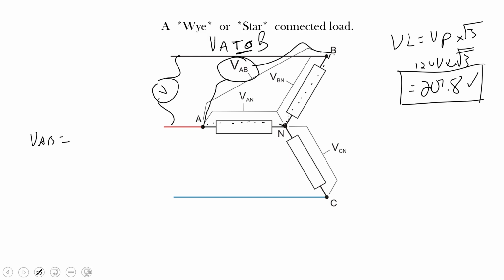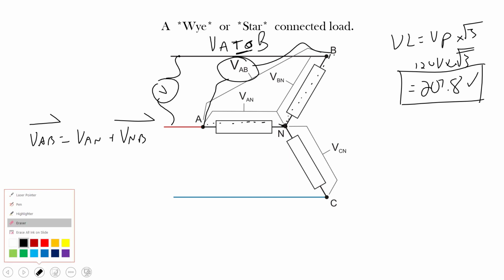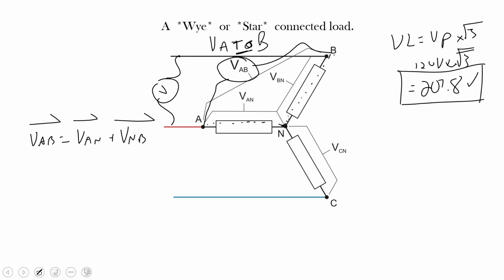I have to add voltage A to N plus voltage N to B. And where are they on our phasor diagram? So we have to add those voltages up vectorially to see how to get voltage VA to B.